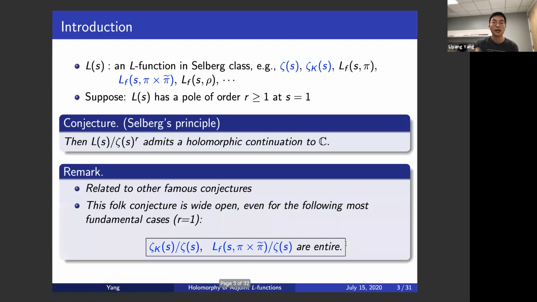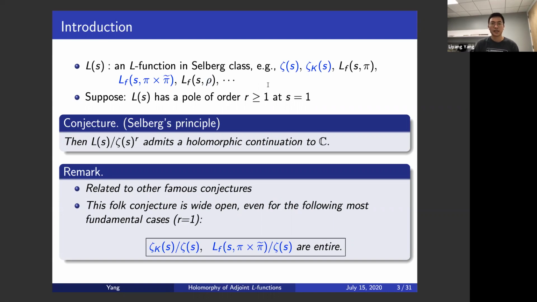So let's start with a folk conjecture by Selberg. Now you can pick your favorite L function in the Selberg class. For example, the Riemann zeta function, Dedekind zeta function, automorphic L function attached to some cuspidal representation pi, or the Rankin-Selberg L function, or the Artin L function, where rho is some Galois representation here.